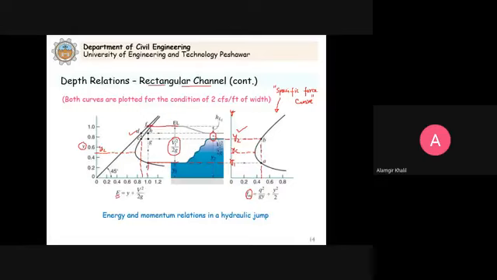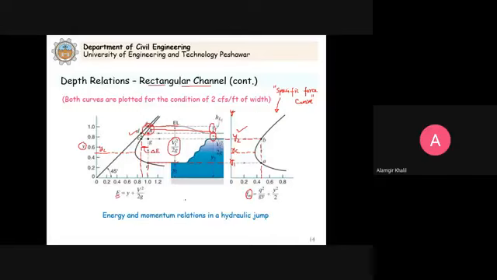So this CG is actually your change in the specific energy, which is the head loss. This is also equal to this FH. You see here, this is H and this is F.